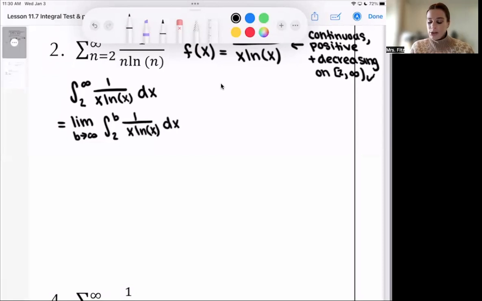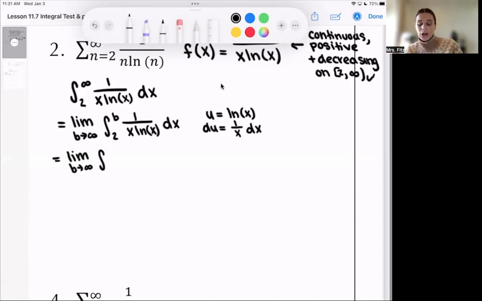So we can let u be the natural log of x because the derivative of natural log of x is 1 over x dx, which we actually have in the formula.